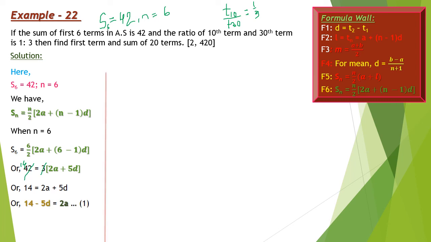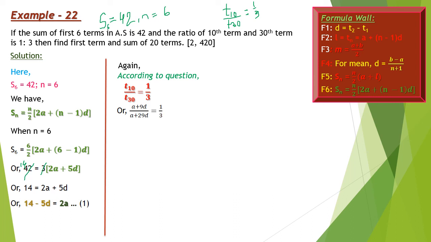Now again we have another condition. According to the question, T10 by T30 is equal to 1 by 3. We know that T10 is a plus 9d, isn't it? a plus 9d, and T30 is a plus 29d, equal to 1 by 3.